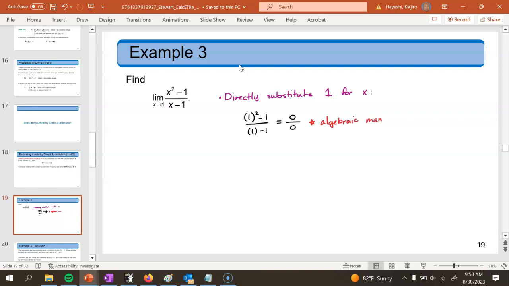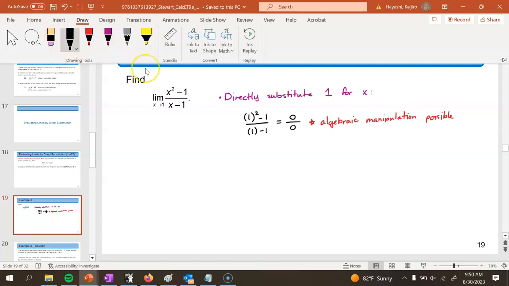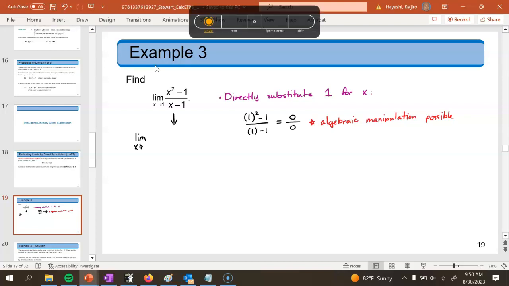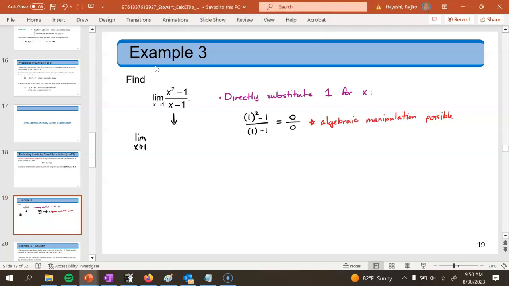Getting this sort of 0 over 0, what we called an indeterminate form on Monday. And in fact, we can factor this.